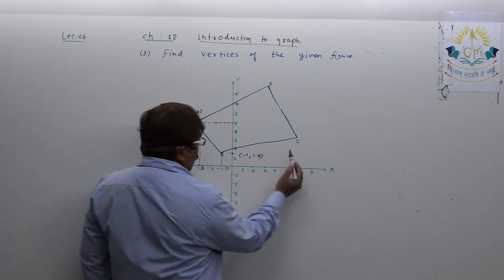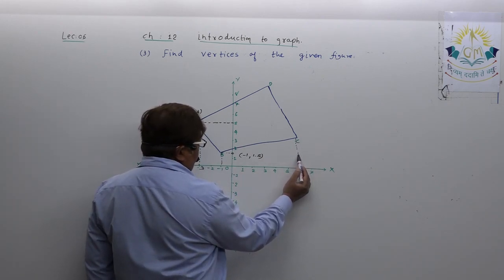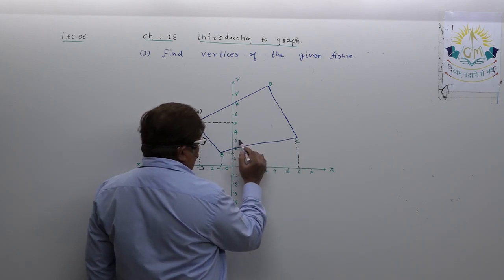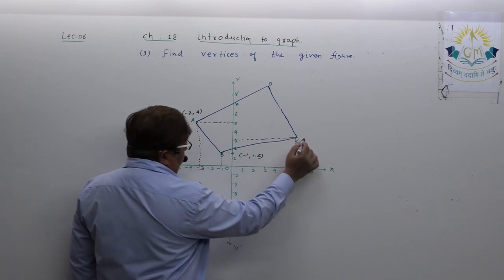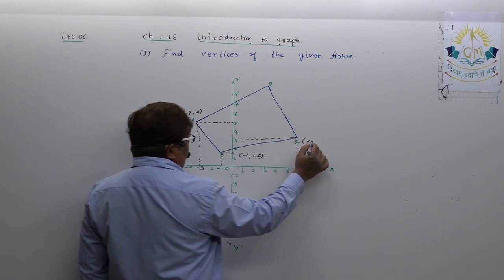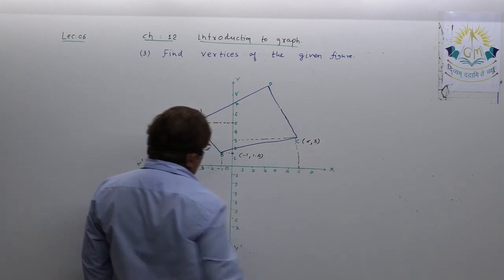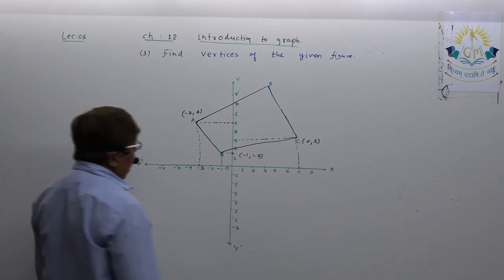Come to the coordinate C. First you draw dotted line and then here dotted line. X coordinate, here you read 6, y coordinate 3. Now D.